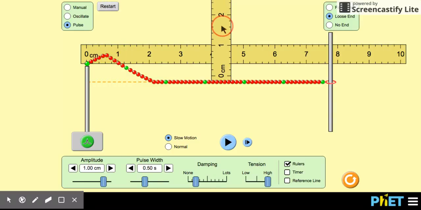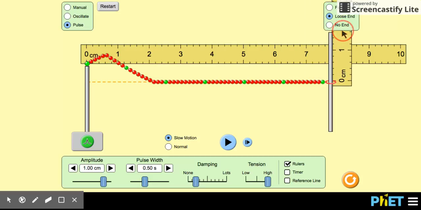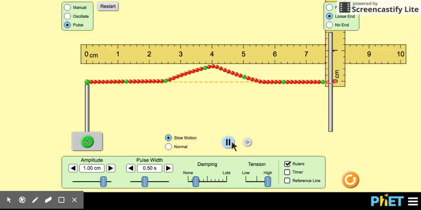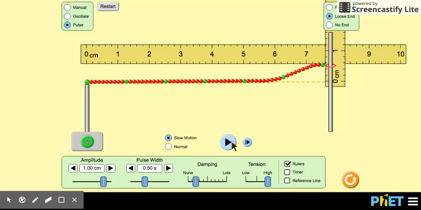And when it comes to making your measurement on the loose end, once again, make sure that you're on the baseline, and you need to actually move the ruler over to that end to make a good measurement. And just watch the wave as it propagates down. When it reaches its highest point, you're going to hit the pause button. And then that would be 2, 4. In this case, it would be 6 millimeters or 0.6 centimeters.